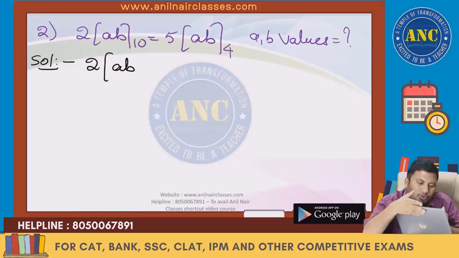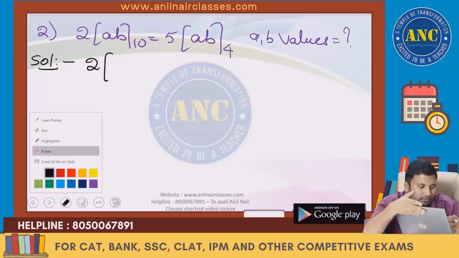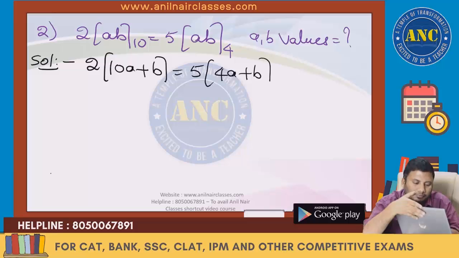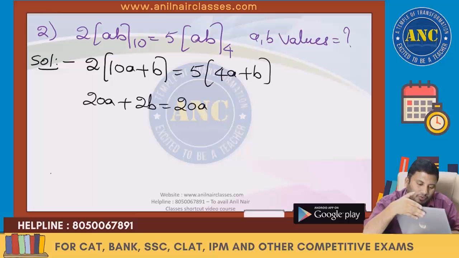2 into AB, A is in the tens place: 2 into 10A plus B equivalent to 5 into 4A plus B. This is 20A plus 2B equivalent to 20A plus 5B.